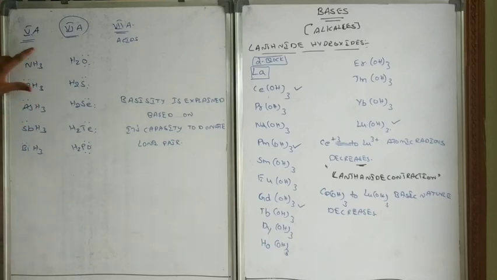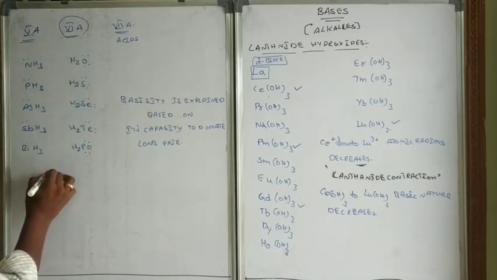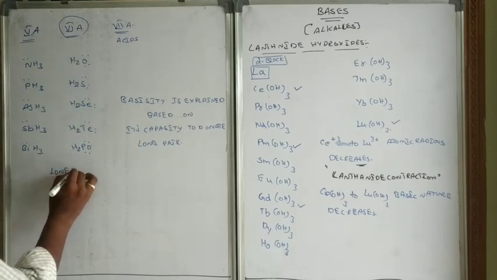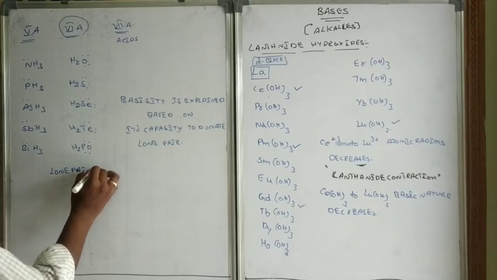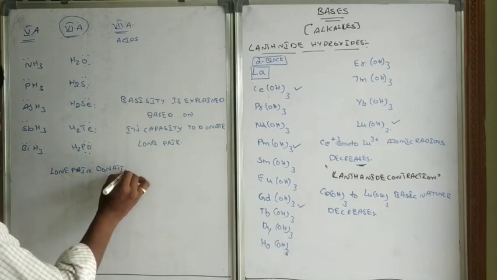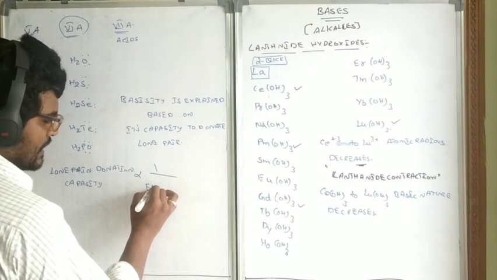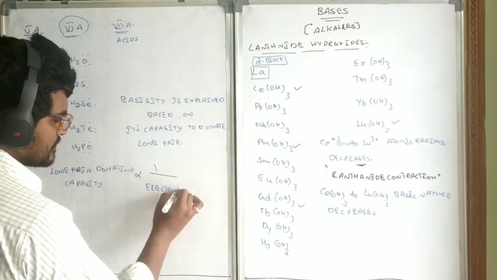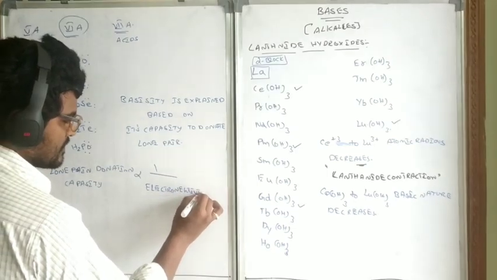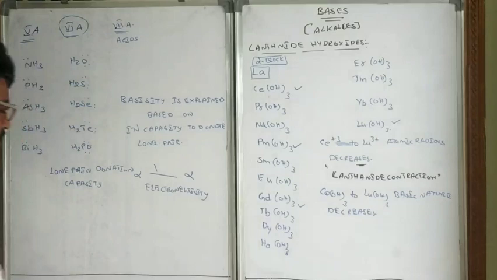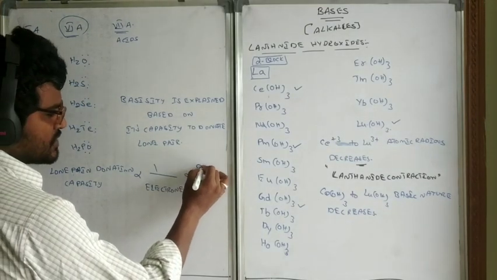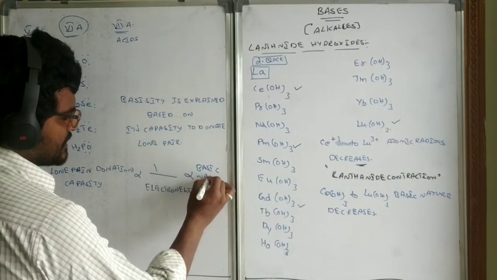If the lone pair concentration is maximum, it will be donated easily. If the lone pair strength is minimum, it cannot be donated. If you see, the lone pair donation capacity is inversely related to electronegativity, and hence it is directly proportional to basic nature.